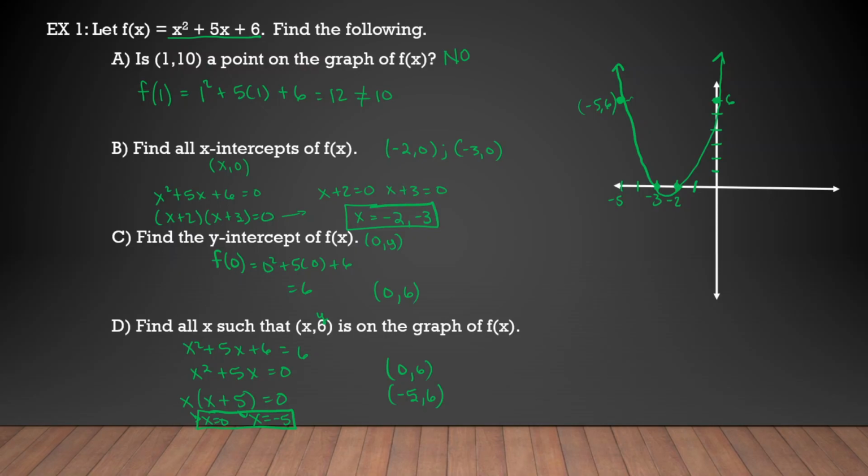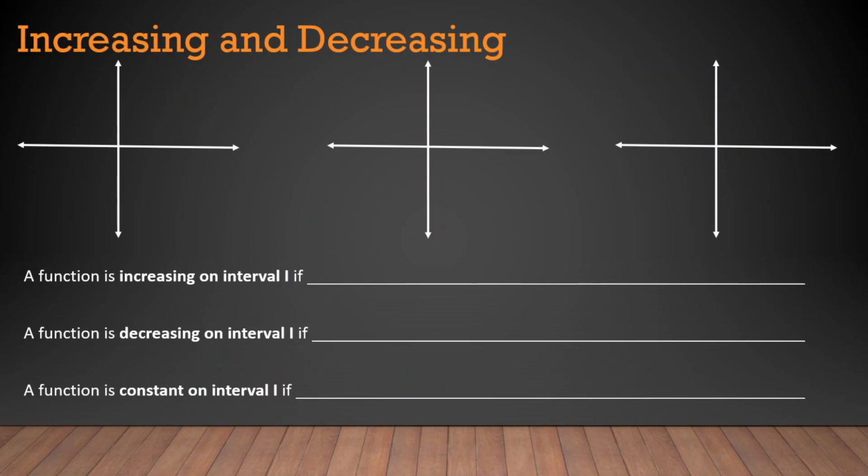Okay? All right. Now let's talk about increasing and decreasing. So first of all, we read our graphs from left to right. So this is going up and would be considered an increasing function. Whereas this one, notice I'm drawing it from left to right, and it is a decreasing function.